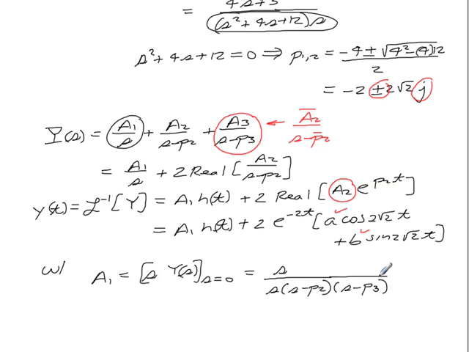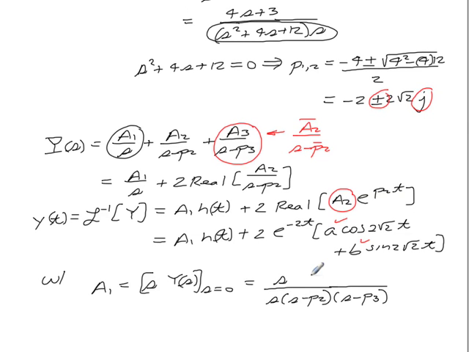and in the numerator, what did I have here? I had a 4s plus 3. And keep in mind that this number here multiplies out to be s squared plus 4s plus 12.